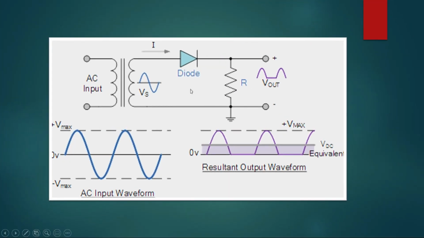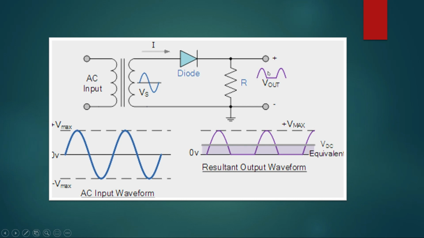This is the circuit diagram with input and output voltages. We can see we have a transformer. The transformer is given the input, and then it is connected to the diode, and the diode is connected to the load. When the diode is in forward bias, for the first positive cycle the left side of the diode will be positive and the right side will be negative.